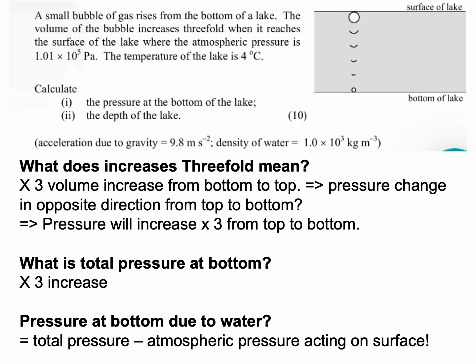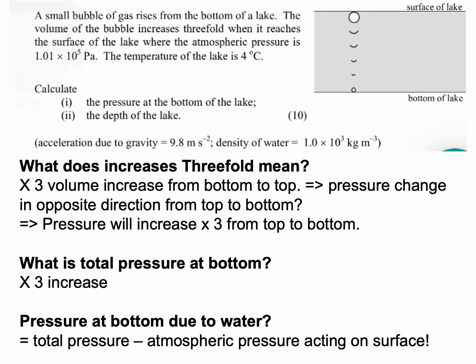So if the volume is increasing 3 times from the bottom to the top, then we need to think about what's the pressure change in the opposite direction from the top to the bottom. We know from our pressure in a liquid that pressure increases with depth. So that pressure will increase 3 times for that bubble from the top to the bottom. So our total pressure at the bottom will be times 3 the pressure at the top of the lake.